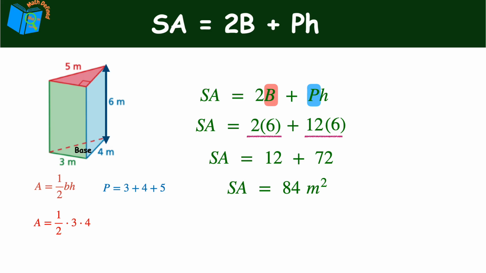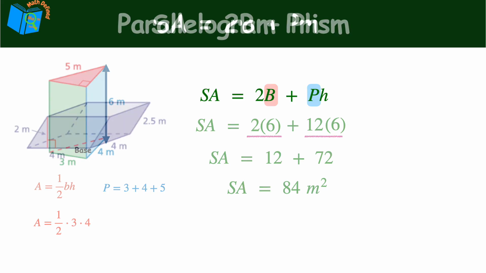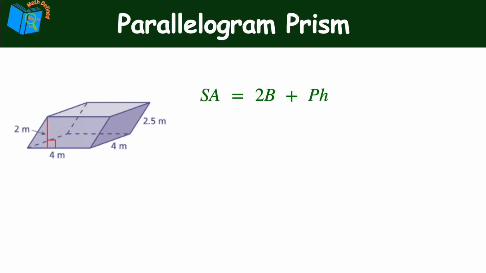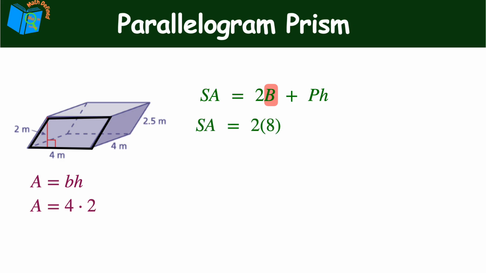And this formula works for any prism, like this parallelogram prism. Let's find its surface area. We'll start by finding the B, or the area of the base. Since the base is a parallelogram, we'll use the formula base times height. The base of the parallelogram is 4, and the height of the parallelogram is 2. 4 times 2 is 8. Now for the P, the perimeter of the base.